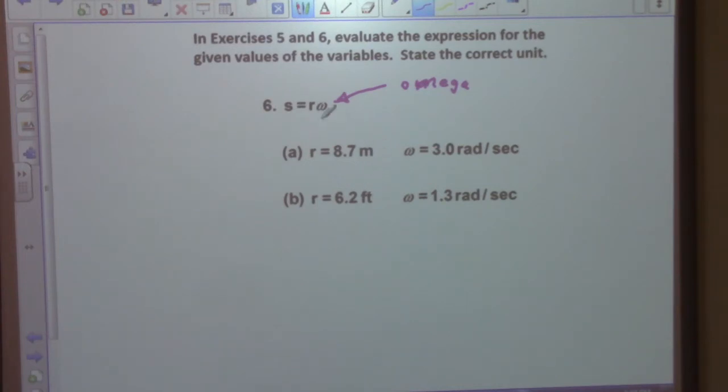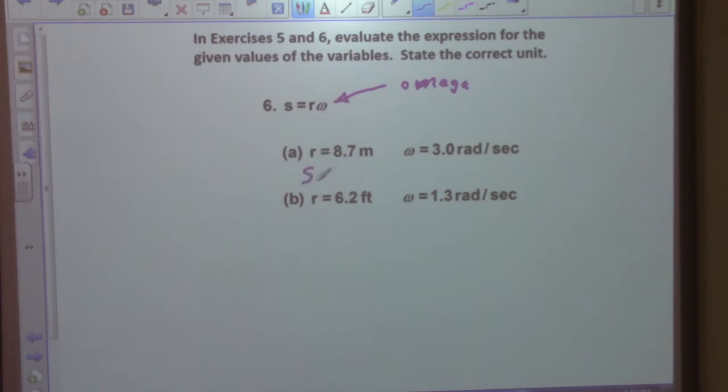Yeah, but it's omega, but it's the same type of thing, except this has to do with the rate, radians per second, feet per second, essentially. And so for this one right here, it's the same type of formula.